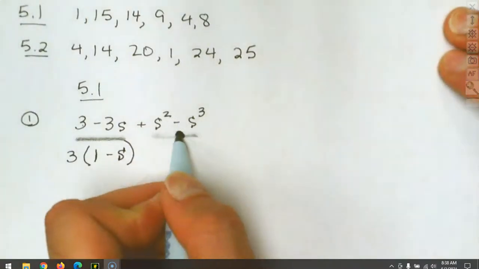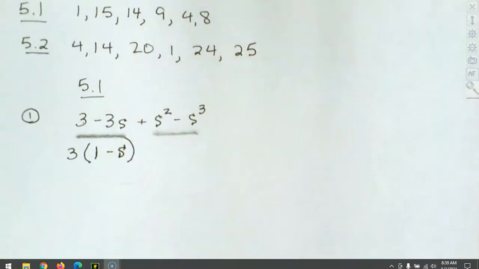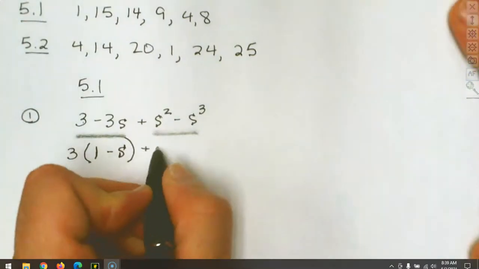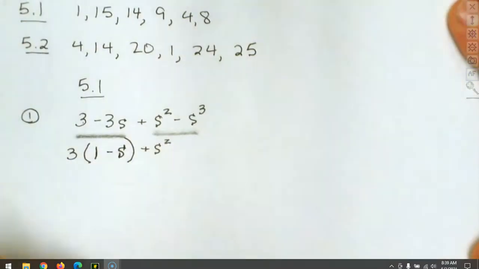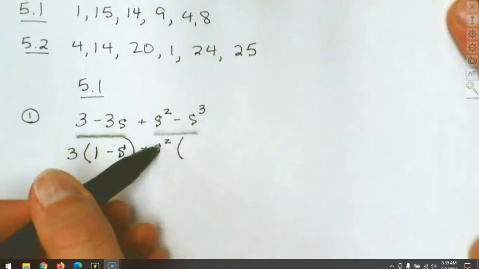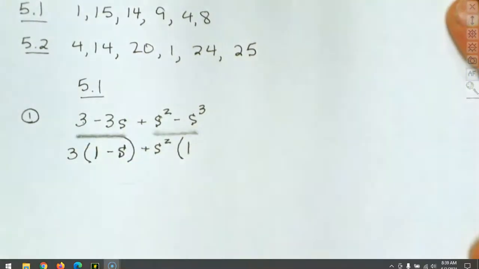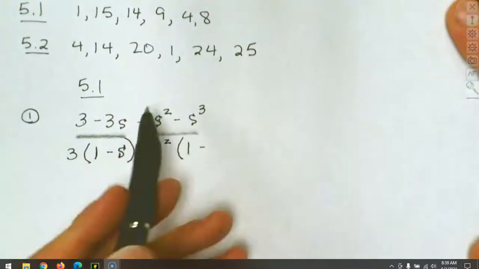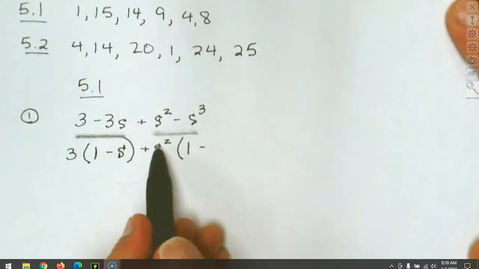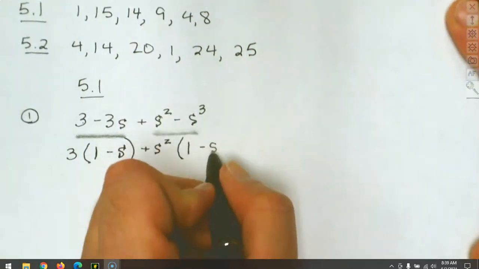The second 2 pieces, what can we factor out of it? Well, they both have not just an s, they have an s squared in common. So we're going to factor out an s squared. When we factor that s squared out, it cancels, but we leave that 1. So that leaves us with a 1. We have s cubed, take out an s squared, so that leaves you with an s.